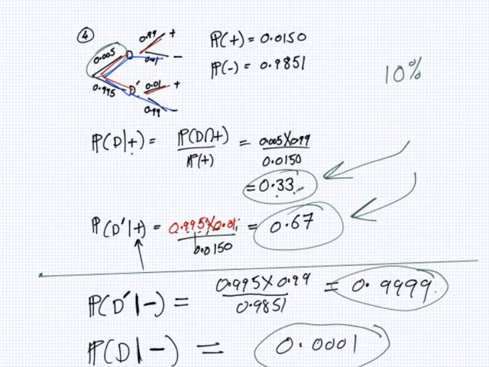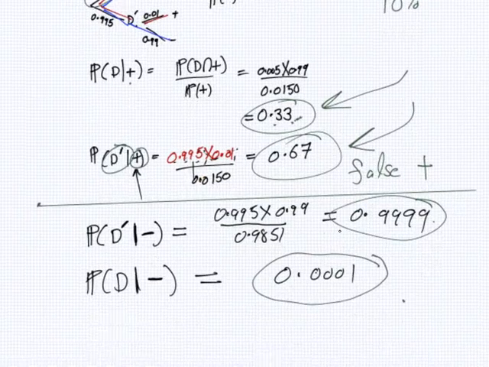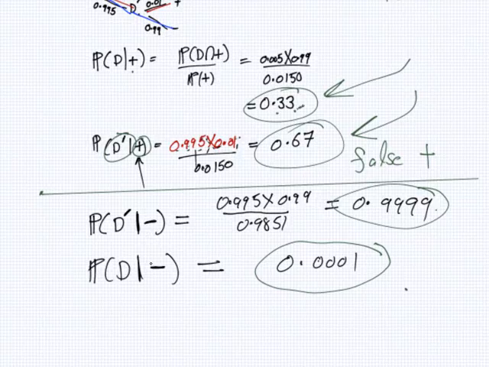Does anybody know what you call this situation where the test result is positive, but they're actually not a drug user? Unfair. It is unfair, but there's actually a special name for this. It's called a false positive. They got a positive result, but in fact they're not a drug user. This situation here, it's a negative result, but they're a drug user.